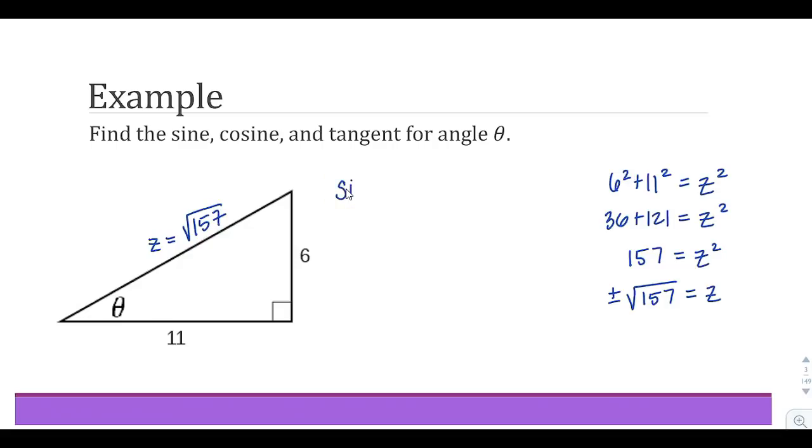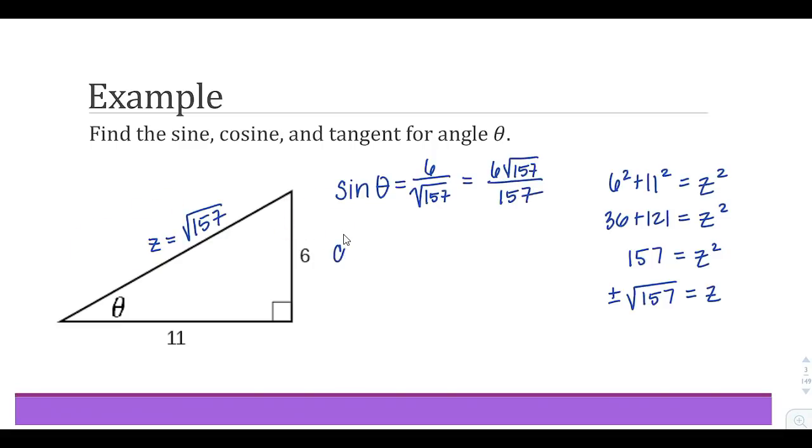So sine of theta is equal to opposite 6 over hypotenuse square root of 157. And if I rationalize, I get 6 times the square root of 157 over 157.